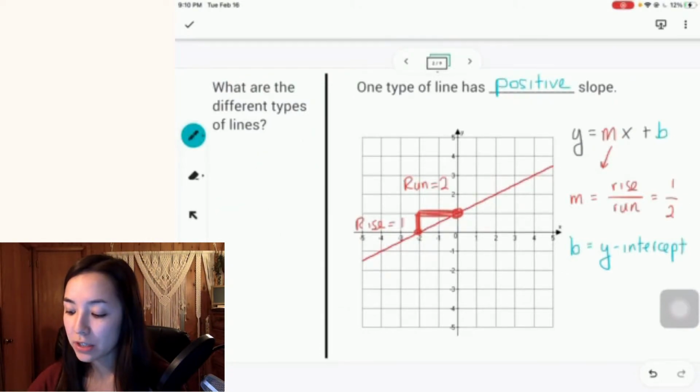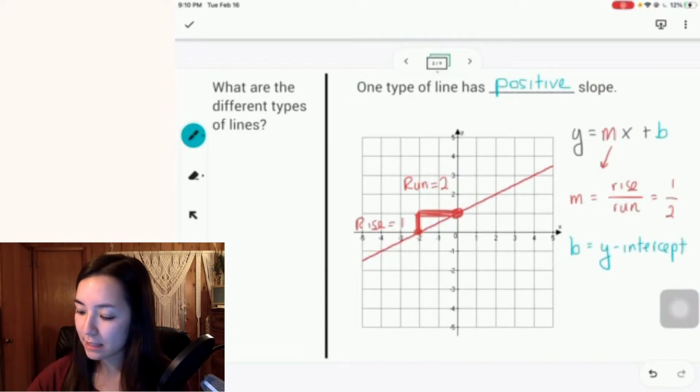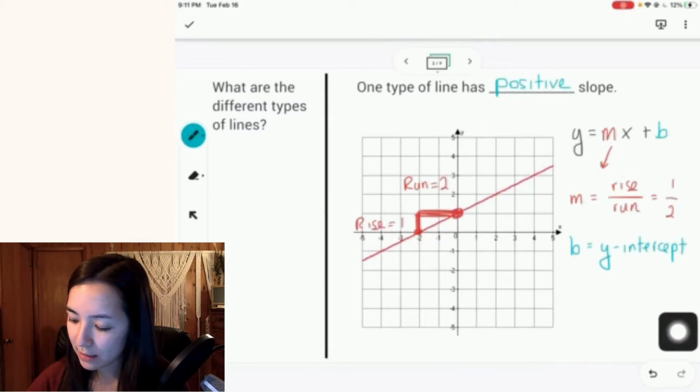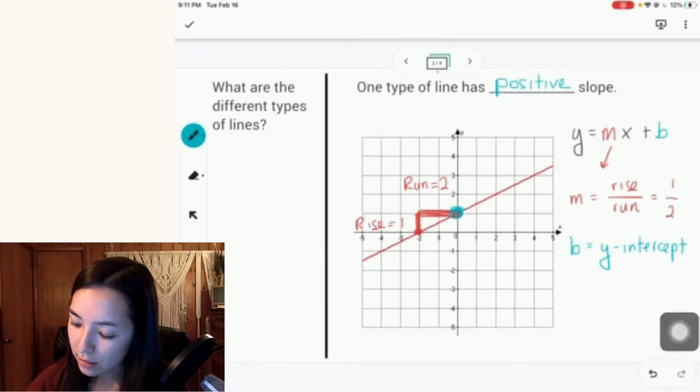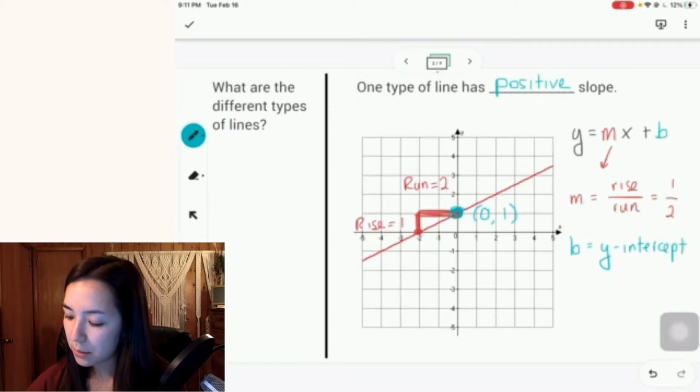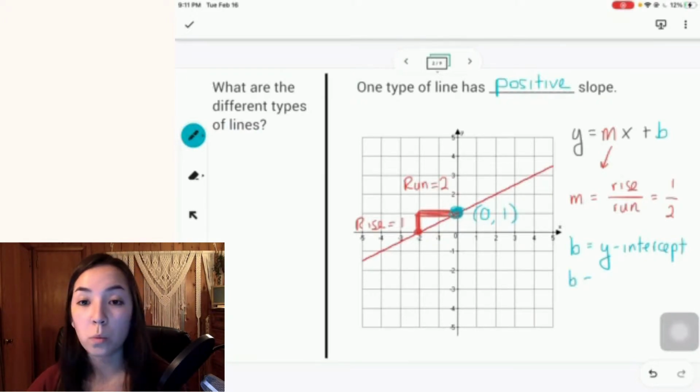Our y-intercept is where this line crosses this y-axis, which happens at the point (0, 1). B is 1.